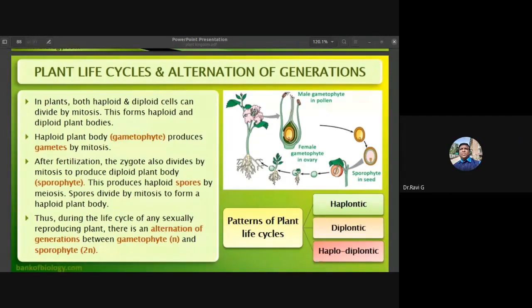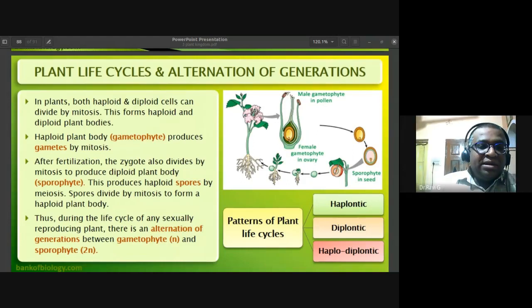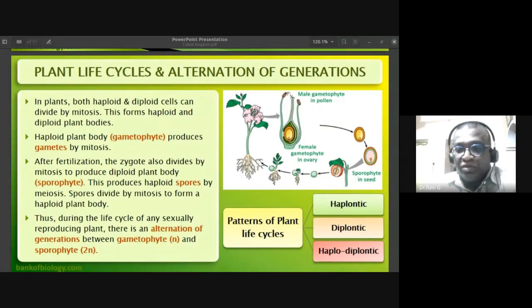After fertilization, the zygote also divides by mitosis to produce the diploid plant body, the sporophyte. The sporophyte always produces haploid spores, which you should be aware of. These spores divide by mitosis to form a haploid plant body.